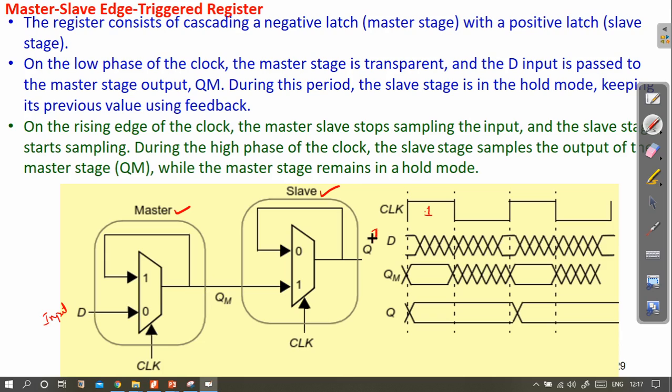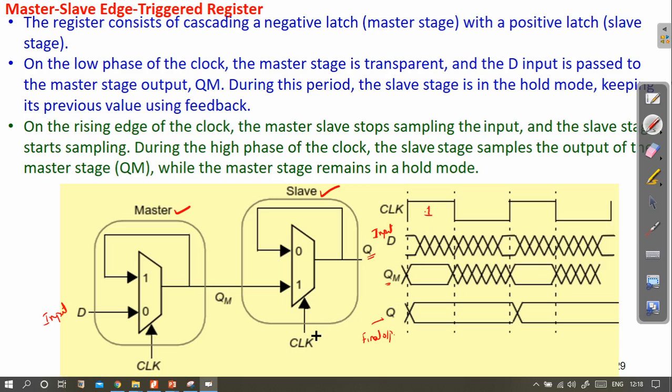QM is the output of the master, the intermediate output, and this Q is the output of the slave, the whole complete master slave, which is the final output.